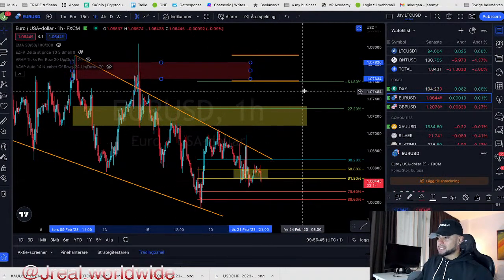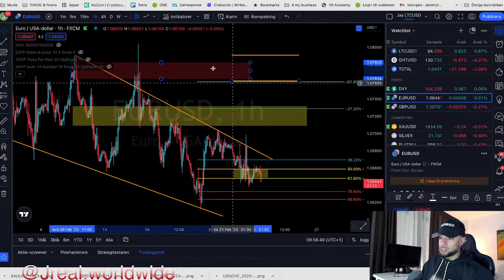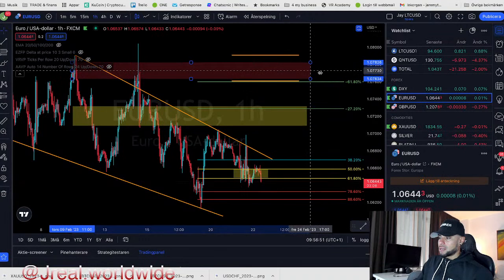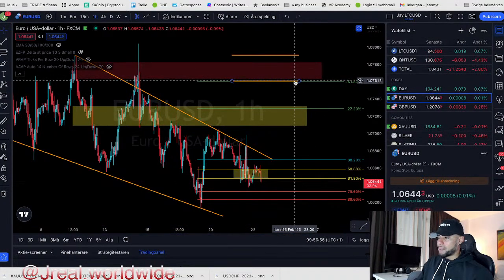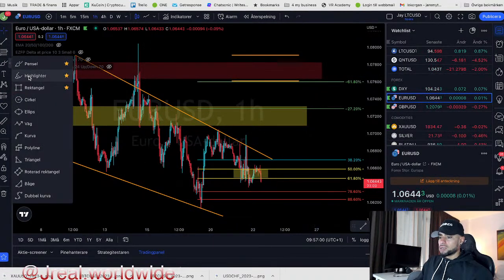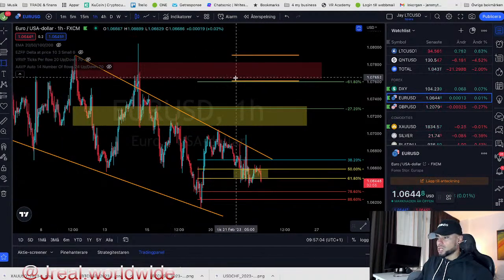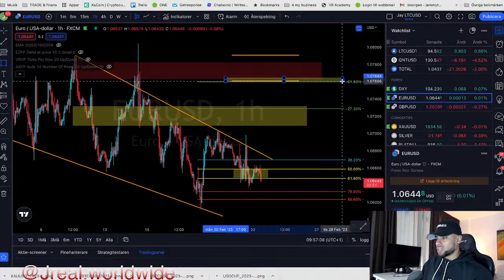The 61.8 extension is perfectly confluent with what? With the supply zone and with the harmonic pattern that Manara called out for us. So we love confluence, and this confluence shows us that we have a nice sell entry up here.